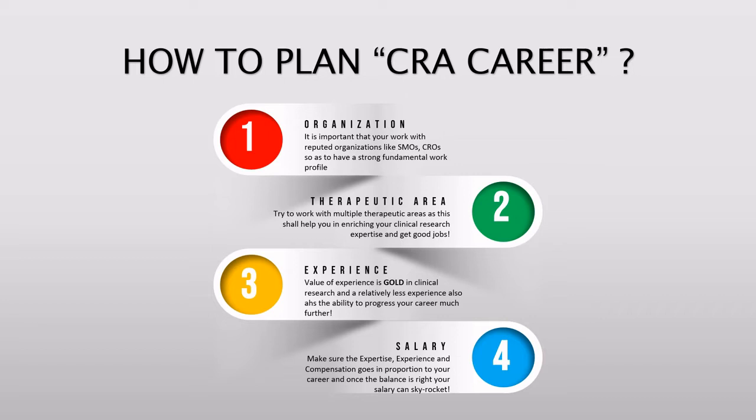There are a lot of sites which do sham trials, which conduct trials unethically, and if you have that kind of pedigree on your CV, it suggests that you might have a bad work ethic, and that will kill your clinical research career even before it starts. So choosing your organization, your job company, is very important.